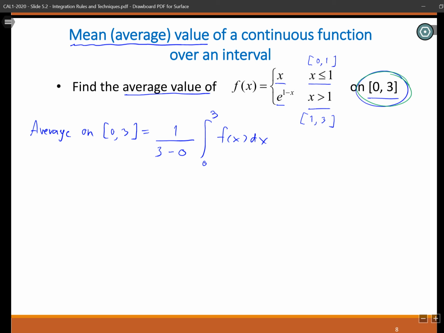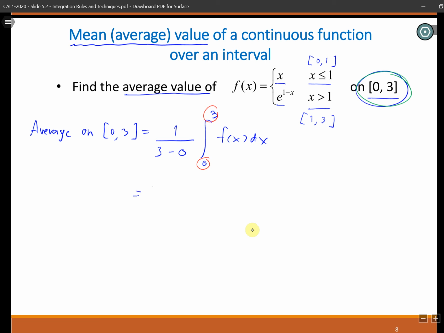Now you should start to notice that we are integrating from 0 to 3, and it goes over two sections of this function, which means that we need to split this integration to associate with the right function for each range. So instead of going straight from 0 to 3, you have to split it.